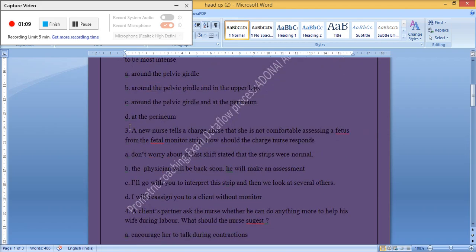3. A new nurse tells the charge nurse that she is comfortable assessing the fetus from the fetal monitor strips. How should the charge nurse respond? A. Don't worry about it. Last shift stated that strips were normal. B. The physician will be back soon. He will make an assessment.